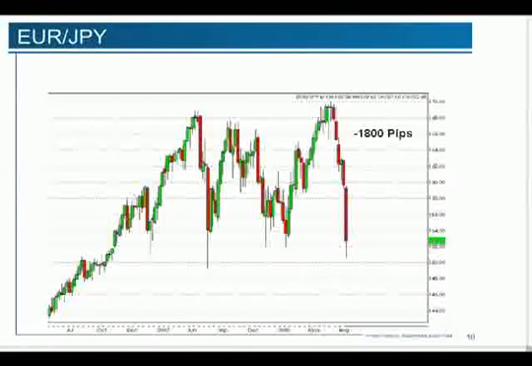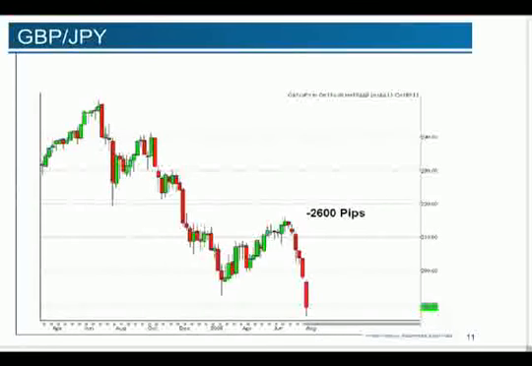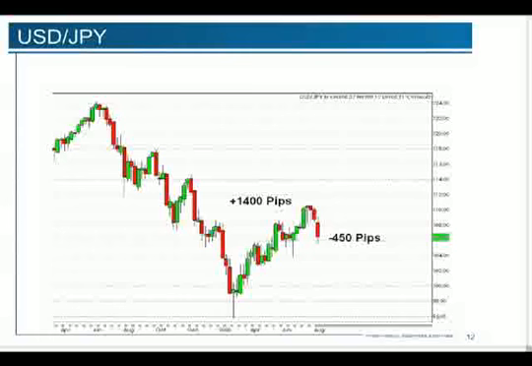This is the move in euro yen, showing you that this type of depreciation in the euro dollar and dollar yen is not just unique to the majors. We're also seeing a sharp sell-off in carry trades such as euro yen. We also see a similar move in pound yen and dollar yen. Obviously dollar yen to a smaller degree.